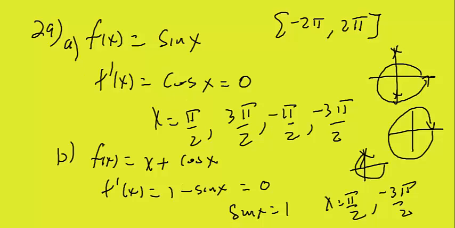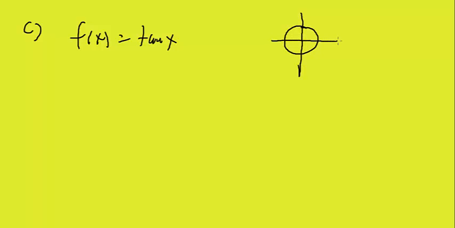Okay, C. f of x is equal to tan x. Oh, by the way, I'll show you another epiphany here. We did this in the squeeze theorem, but I failed to mention this to you. Remember when we proved the limit as x goes to 0 of sine x over x is equal to 1?